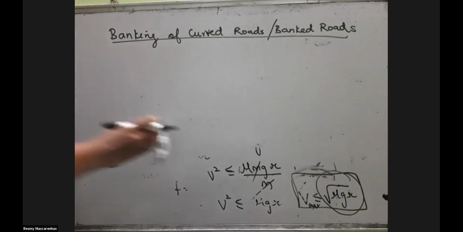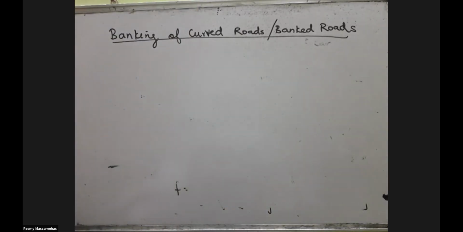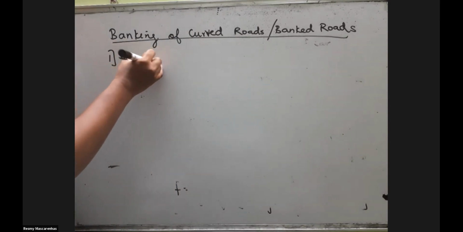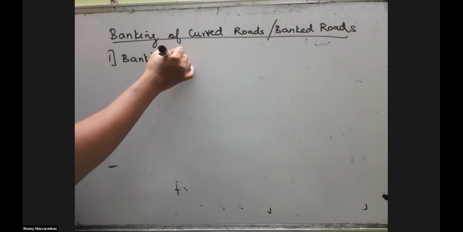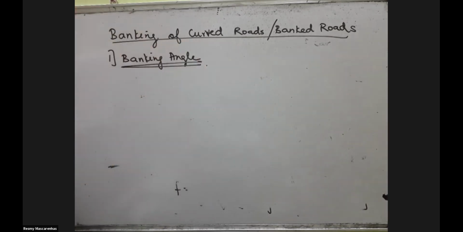So the first part is to calculate the banking angle. How to draw the diagram?